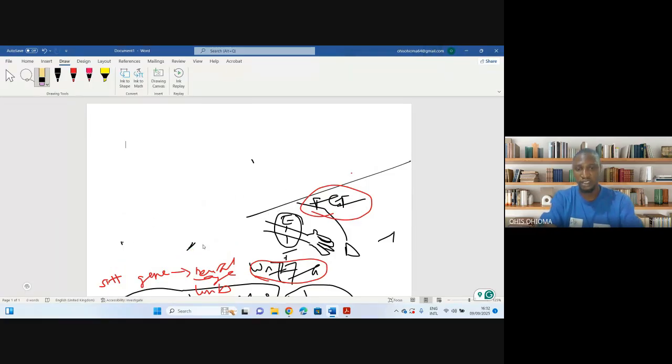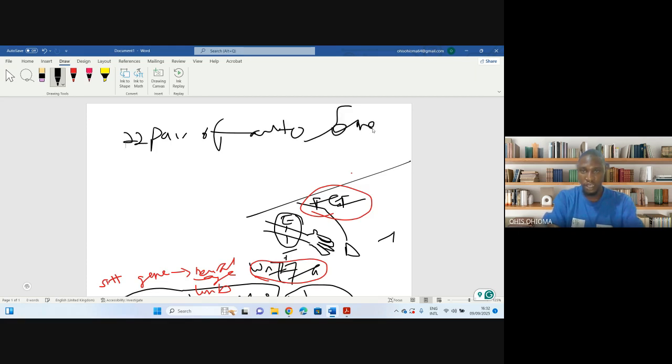Meiosis is what you find in non-somatic cells. Non-somatic cells include the sex chromosomes. So we have 22 pairs of autosomes, and then we have one pair of sex chromosomes.